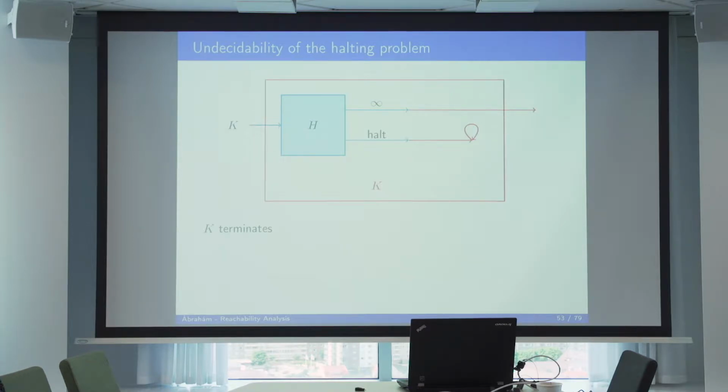So what happens if K terminates? K terminates, then H will report halt. So then K will not terminate. Okay, do you see the contradiction? That means my assumption that K terminates was wrong. So the only possibility is that K does not terminate.